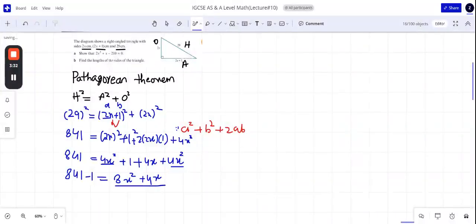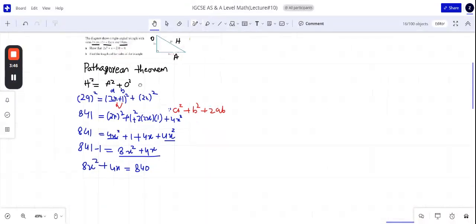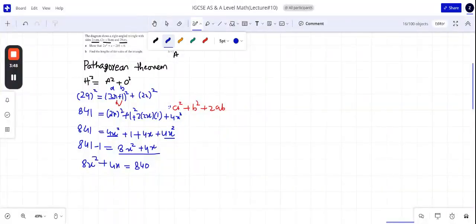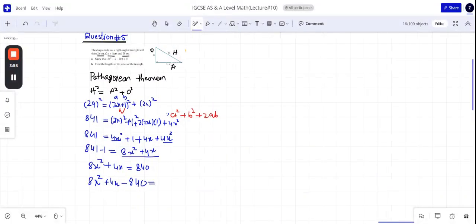We write this on the right side first to make a proper equation: 8x squared plus 4x equals 840. Now we shift this constant to the other side, so it becomes 8x squared plus 4x minus 840 equals 0.